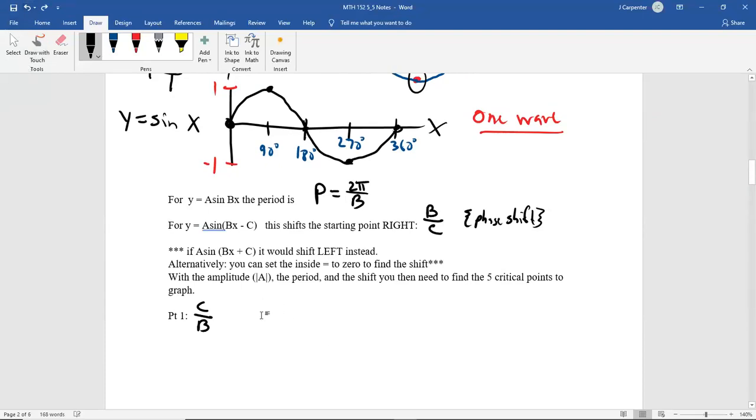Then what you're going to do is divide the period by 4. This is the value that you will add to the first point 4 times to get points 2 through 5.